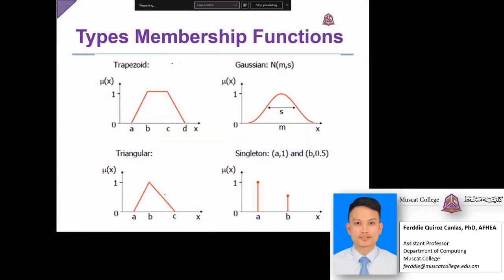So let me introduce to you this membership function. Look at this. If you see this representation here, this is a trapezoid, right? So this is very simple. All the endpoints here are represented by letters for the trapezoid.